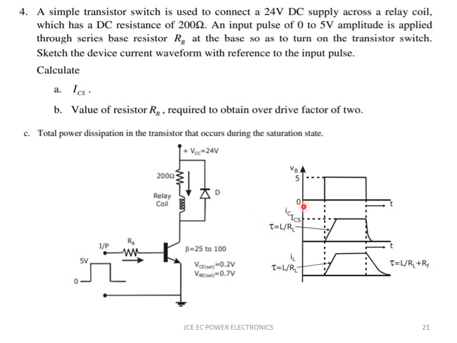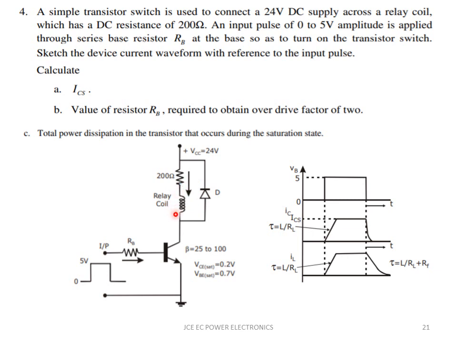So what you will see is when the input pulse goes from 0 to 5 volts, we expect the collector current to follow the base current. But because this is an inductor, the inductor has the property to oppose any change of current through it.